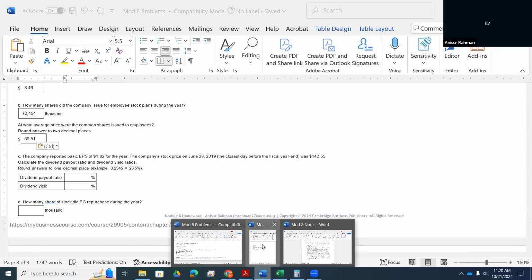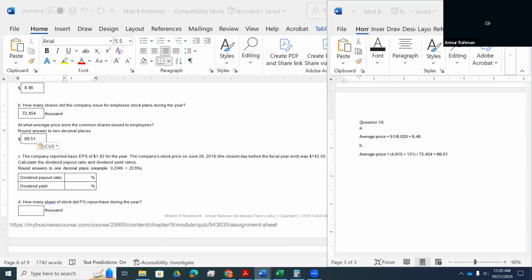So dividend payout ratio is equal to common stock dividends per share divided by basic EPS. Common stock dividends per share, you have to find out.